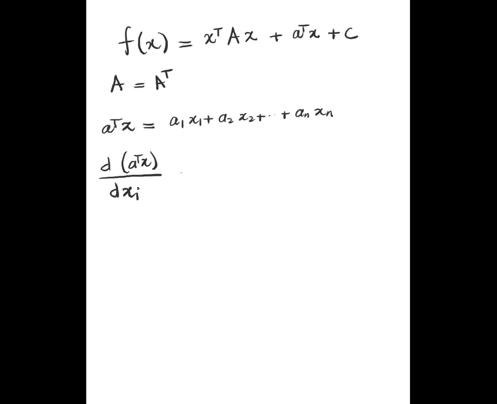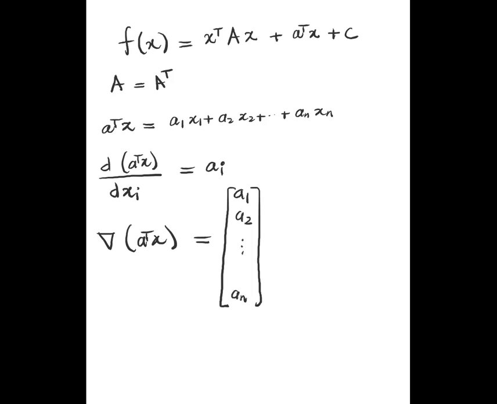It's ai, right? So the gradient of a transpose x is just a1, a2 to an, which is a, right?